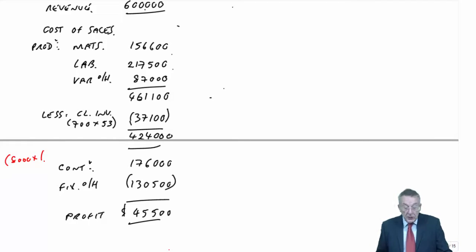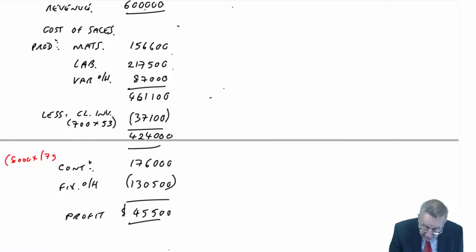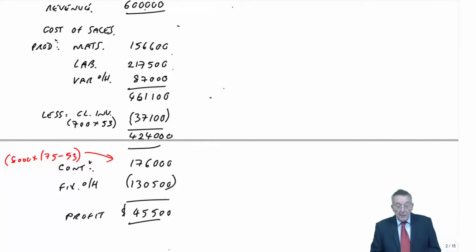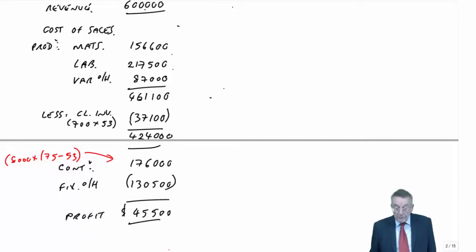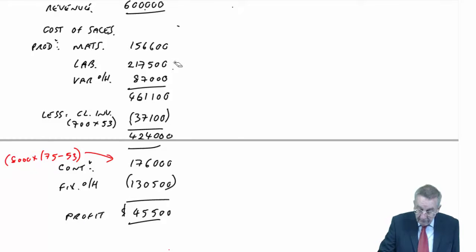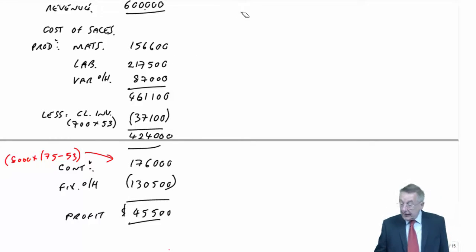The contribution from each unit, the selling price 75, the marginal cost 53. So we should be getting 22 a unit on 8,000, which is 176,000. But anyway, there were the budgeted figures.